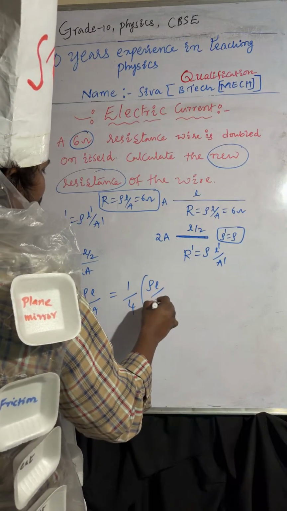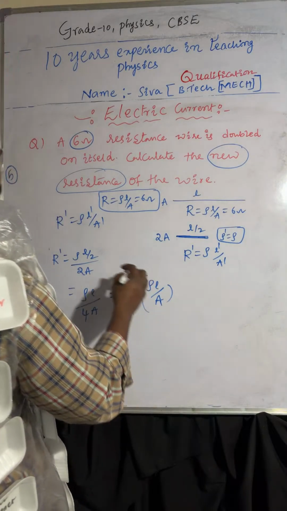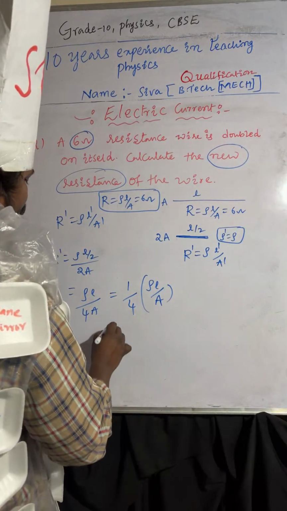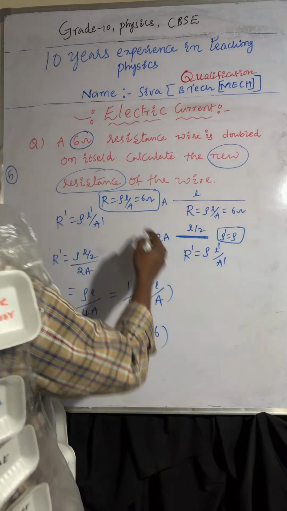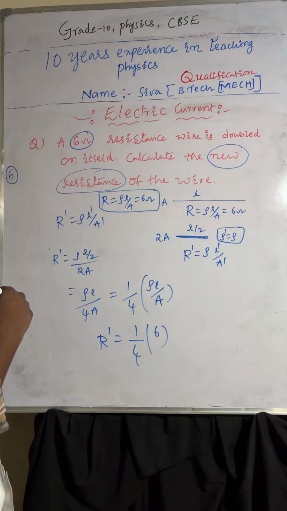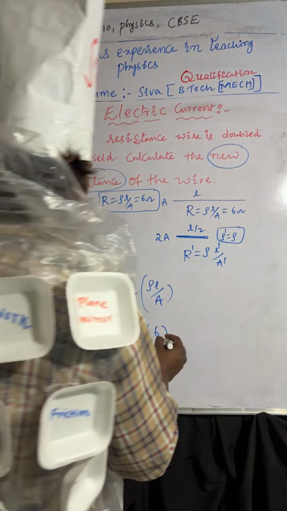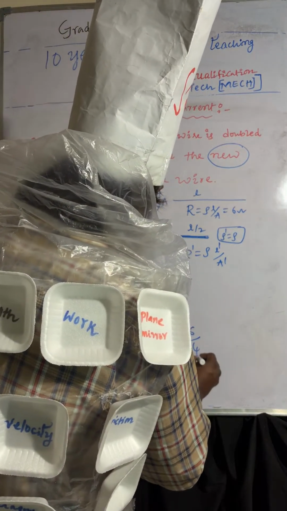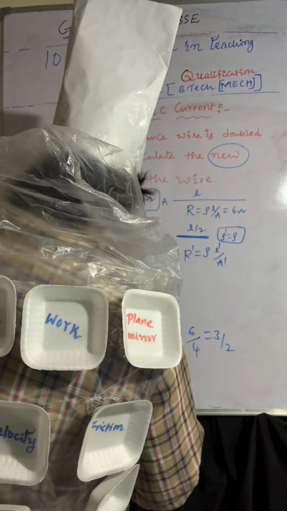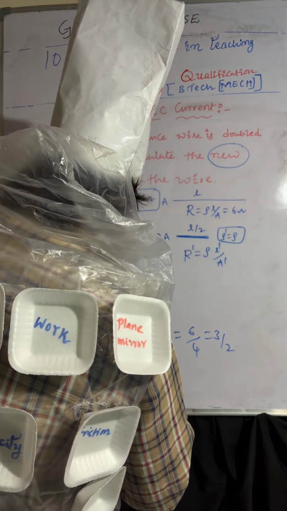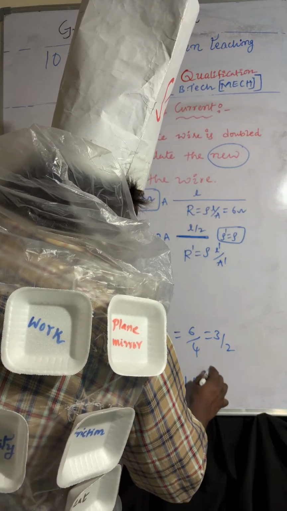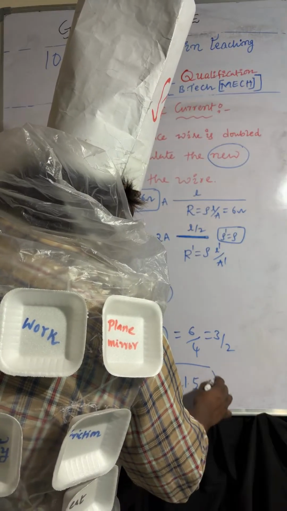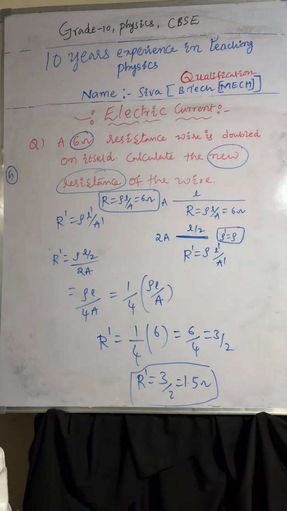So rho into L by 4A, which is 1 by 4 into rho L by A. This value is 6, so R dash equals 6 by 4, which is 3 by 2, that is 1.5 ohm. Is it clear? Is it correct?